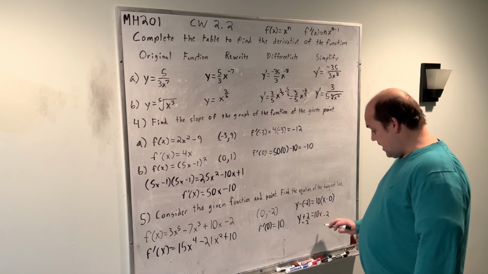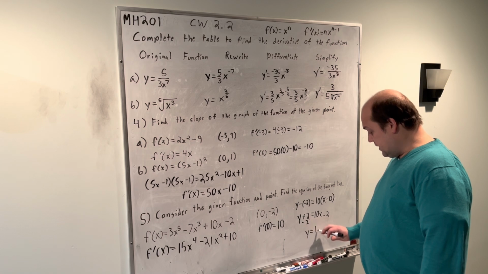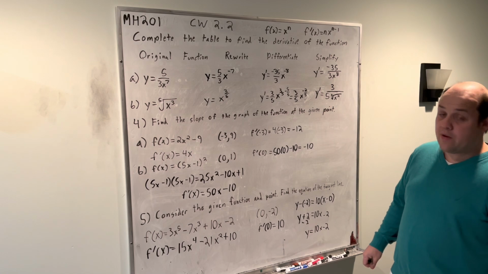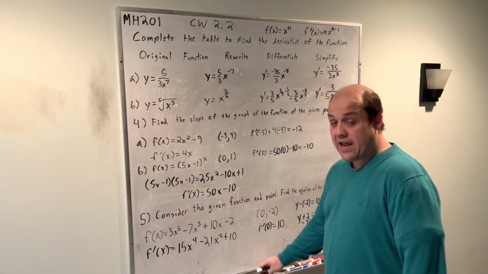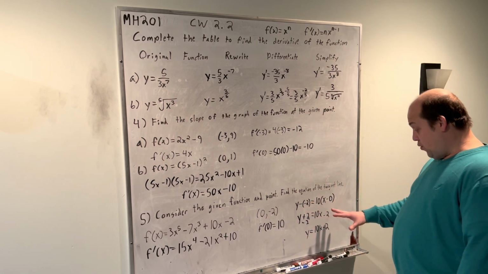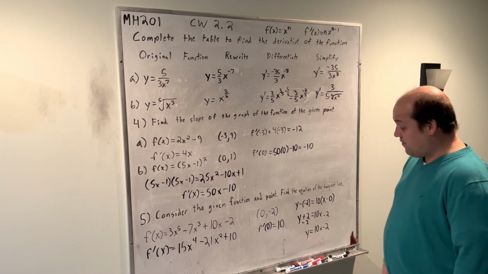Subtract 2 from each side, and I do get y equals 10x minus 2. This is my final equation of the tangent line. Again, if I didn't have 0 as my x value they were giving me in the point, this math would definitely be more important because this 10 times this number would come together to make a very different intercept.